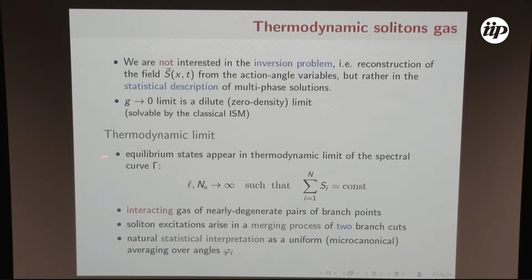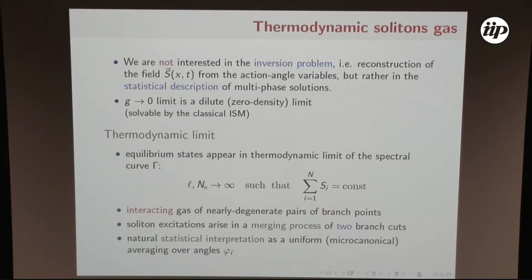And it turns out that such a limit exists, but it's a more subtle limit, a scaling limit. It works like this. You have to start with the spectral curve that I told you about. Now you take the circumference of the system L, and you make it grow large, but at the same time, you need to make the number of modes which the spectral curve describes also grow large, proportional to the system size, in such a way that the sum of all the filling fractions is a fixed constant.